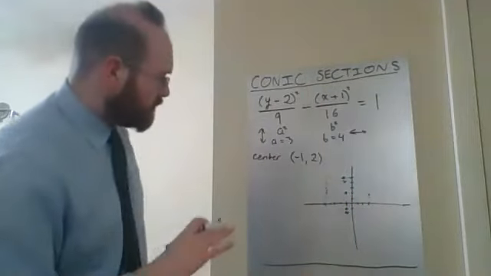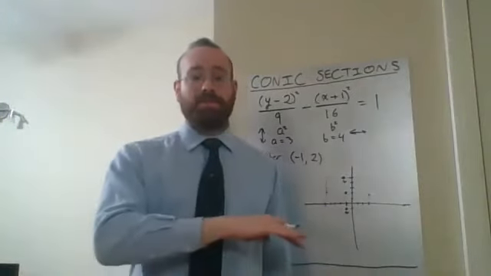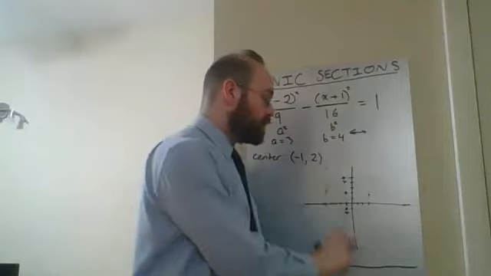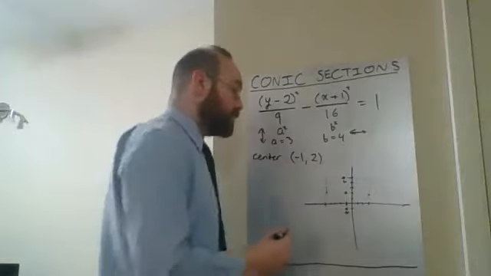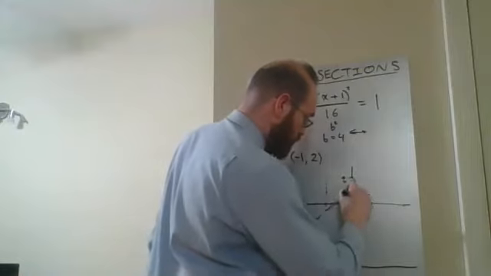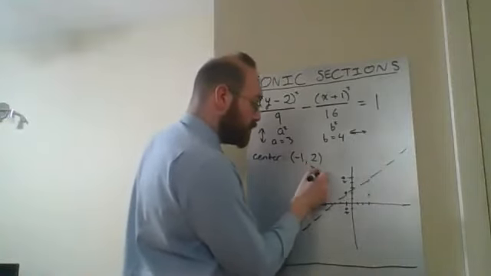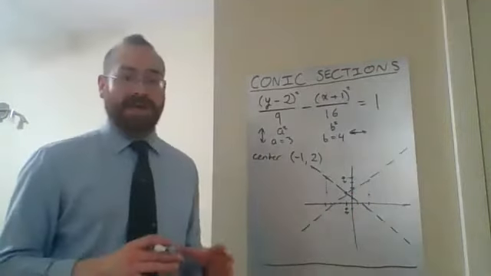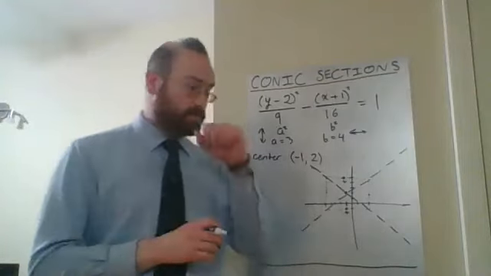It's a little bit lopsided, but I'm writing on an angle. When we're doing things by hand, we are not going to be perfect, and that is okay. So this box is going to help me draw the asymptotes. So our first asymptote goes through one corner, through the center, and out the other corner. The other asymptote goes from the other pair of corners through the center. So we end up with these two dashed lines that form a big cross in the middle of our square.